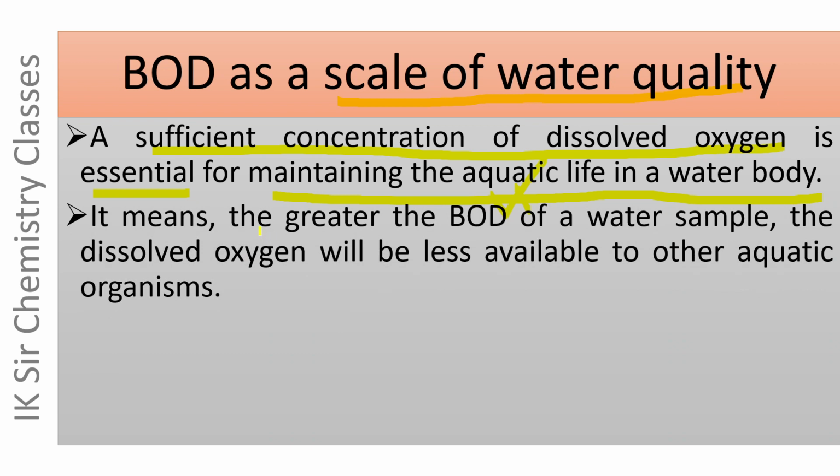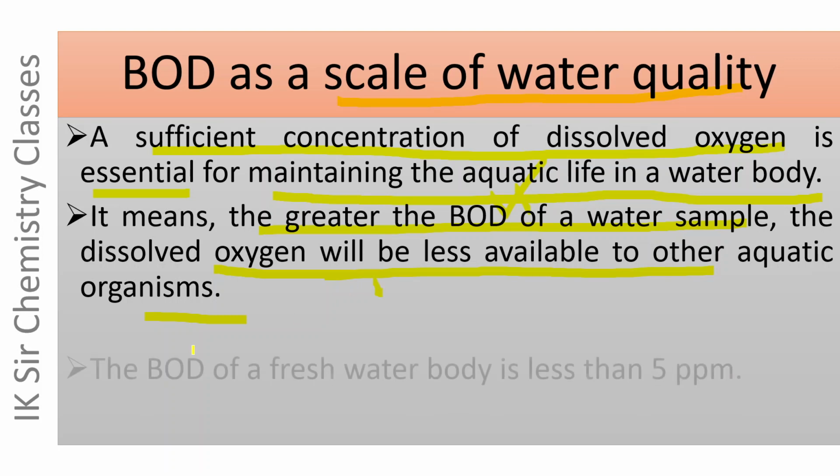It means the greater the biological oxygen demand of a water sample, the less dissolved oxygen will be available to other aquatic organisms. If the biological oxygen demand of a water sample is higher, the dissolved oxygen available to other aquatic organisms will be lower.